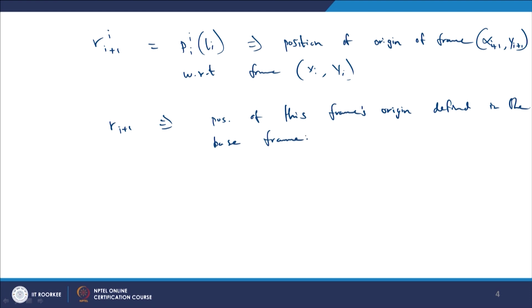So now we see that the joint rotation matrix corresponding to the rigid link is given by Ri, which is [cos theta i, minus sin theta i; sin theta i, cos theta i].